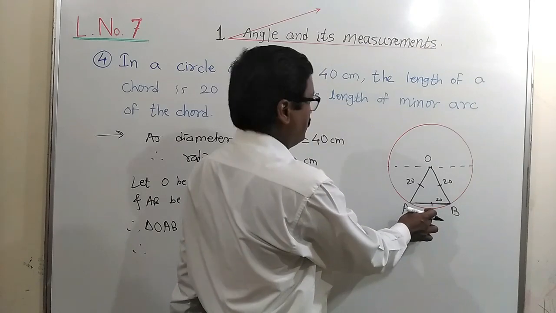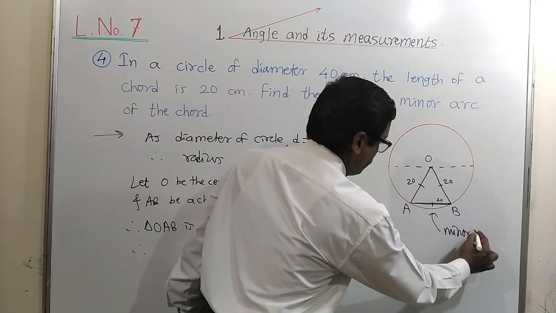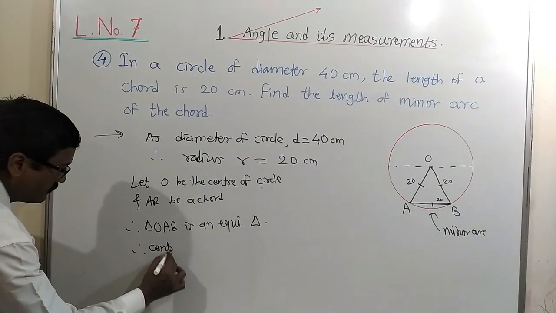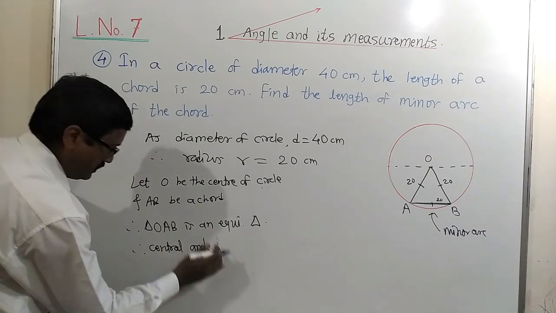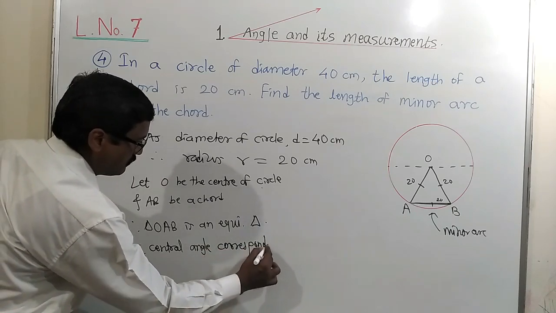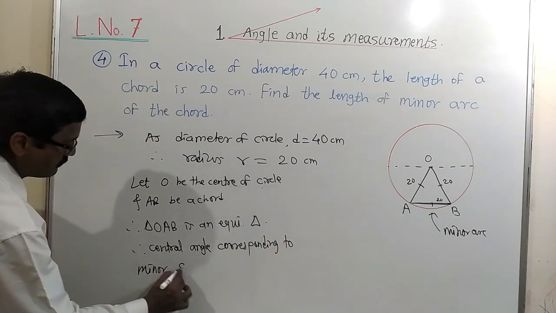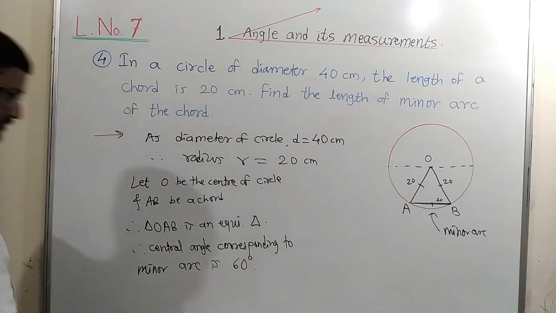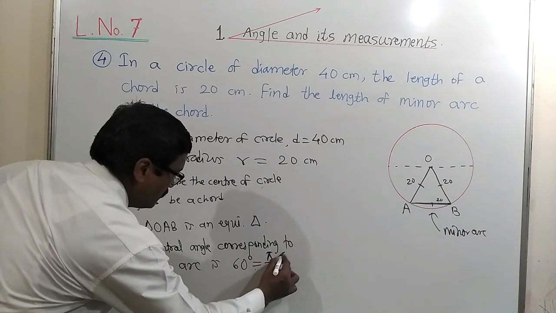That is the angle related to this minor arc, and AB is our minor arc. Therefore, central angle subtended corresponding to minor arc is 60 degree, and 60 degree is nothing but pi by 3 radian.